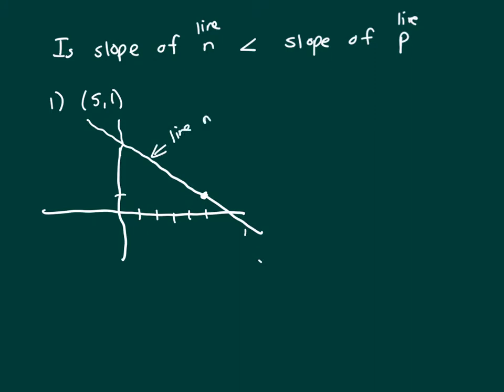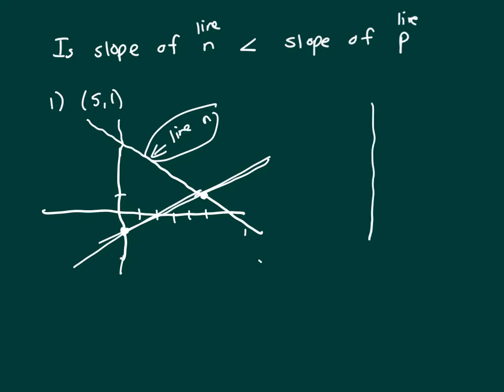And then let's have them have opposite slopes. Okay, and there's P. So yes, line N's slope is negative, so that's going to be less than line P's, which is positive. But you got to cover all your bases. This is where we drew our lines M and N and P having positive and negative opposite slopes.